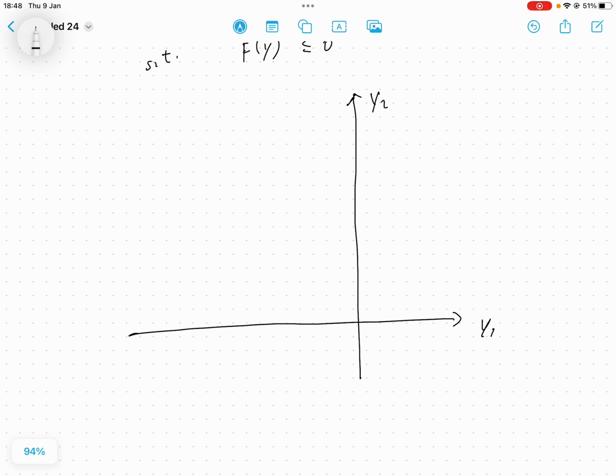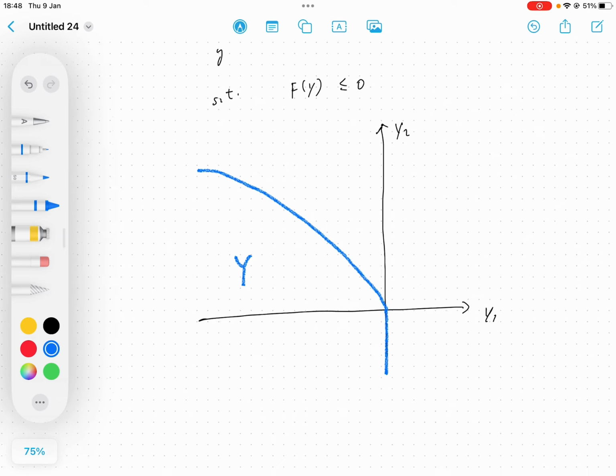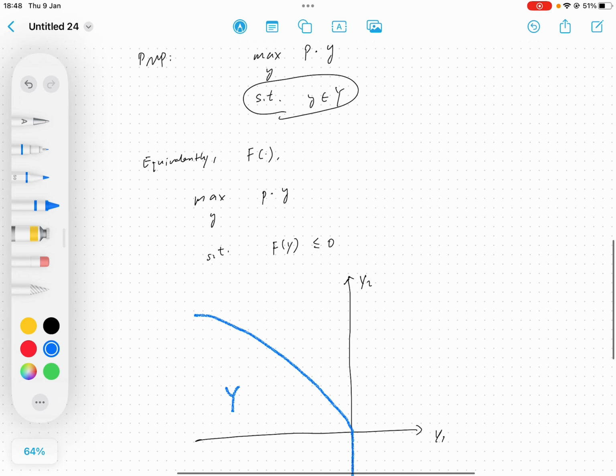So here, let's say our capital Y will be a set under this curve. Let's suppose all those areas below this curve will be this capital Y, okay? So that is Y.